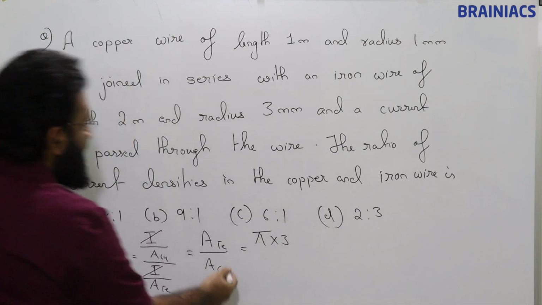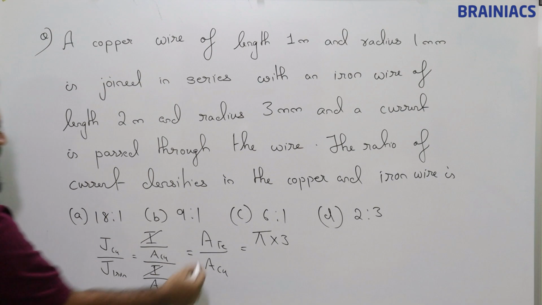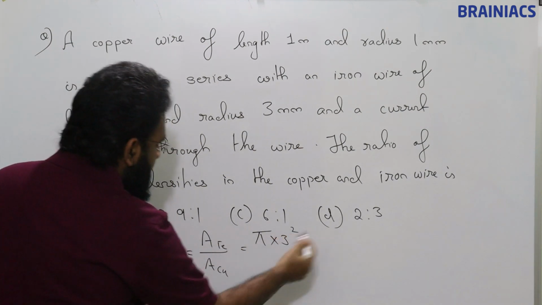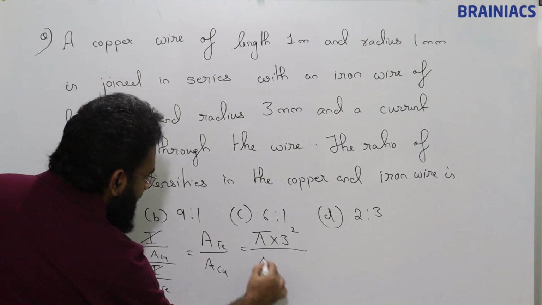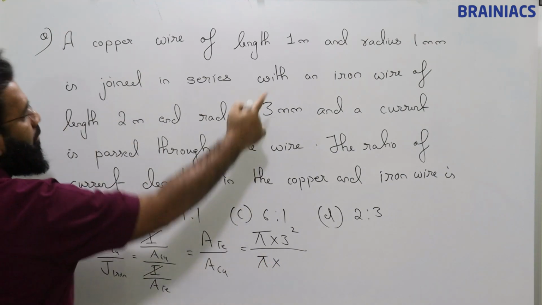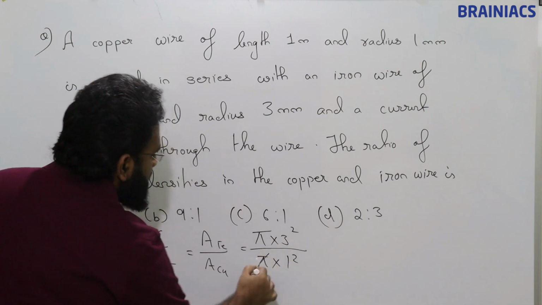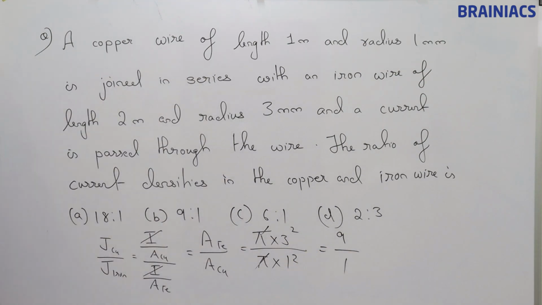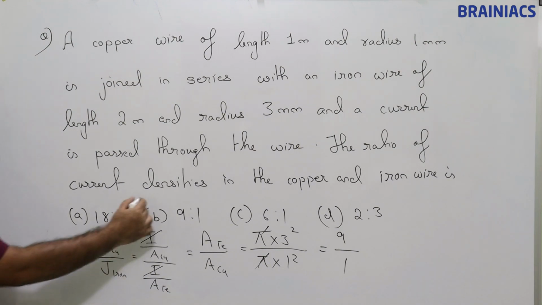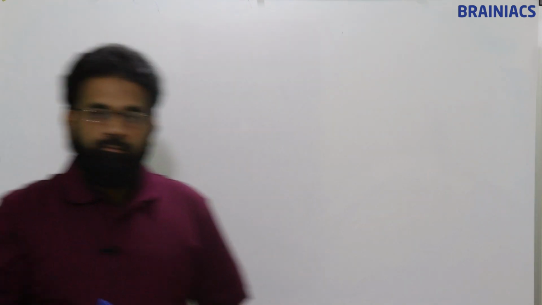Copper is also given in millimeter, so I am not converting into SI units. Then pi into copper, how much? 1. So pi will be cancelled off. We will be getting 9 by 1. So the answer is B.